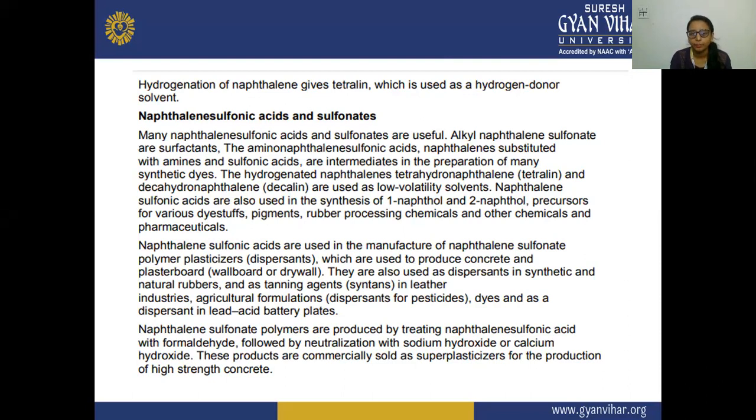Like in the last, I have shown you the example of that azo compound containing an alpha naphthol on it, and rubber processing chemicals and other chemicals, or in the pharmaceutical industries also.